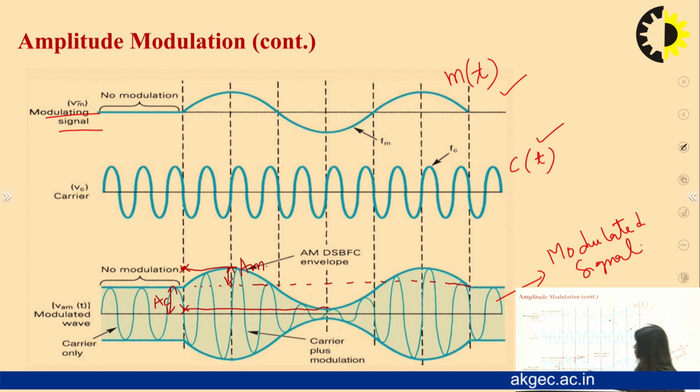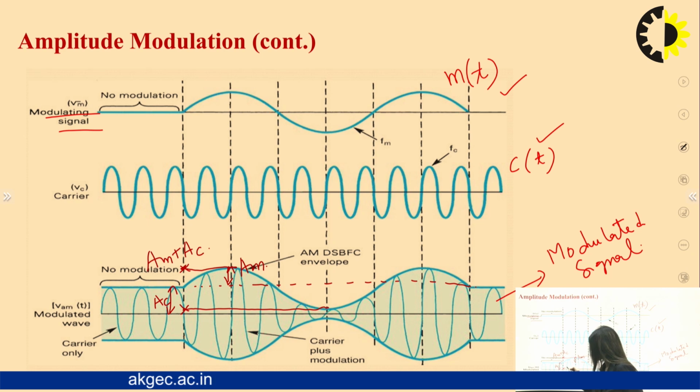So this point will be AM plus AC, and this point is AC minus AM.